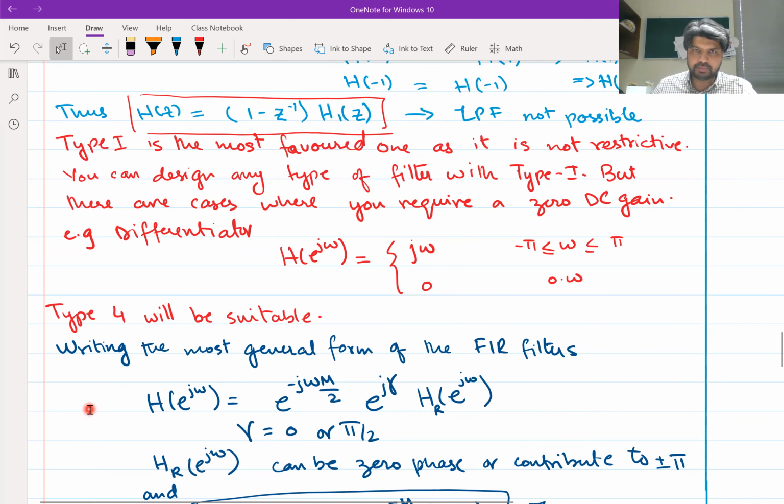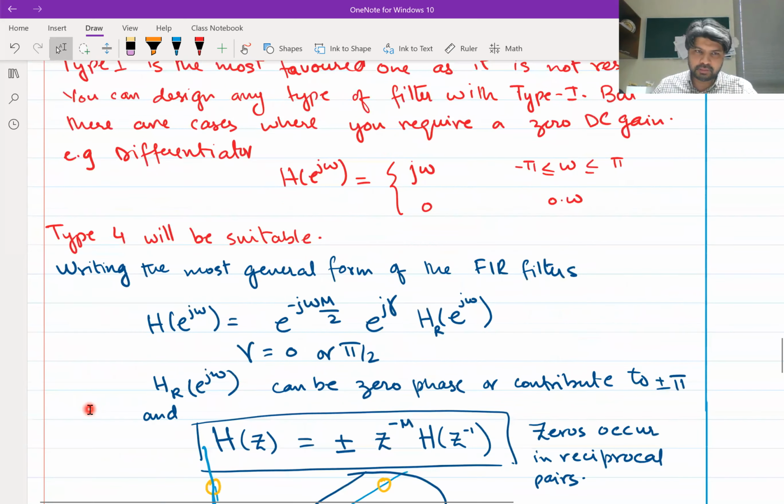Finally, if you allow me 2 more minutes, so this is the last thing. Writing in the generic form for FIR filters, h of e to the power j omega is e to the power j omega m by 2 times e to the power j gamma times your pseudo magnitude, where gamma would be either 0 or pi by 2.